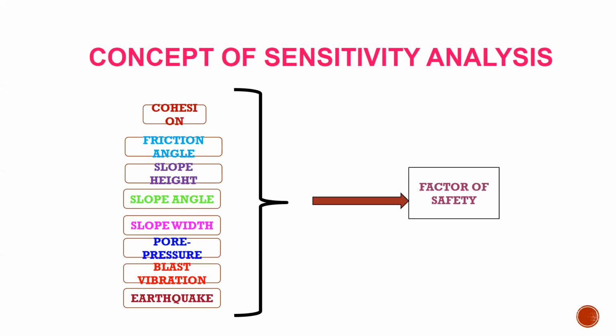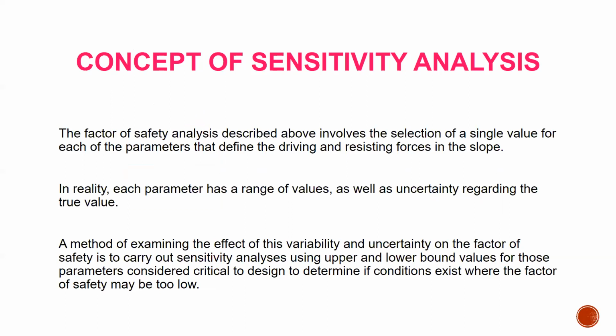Similarly, for the friction, for the slope height, and which parameter is most likely influencing the factor of safety, that we can determine from the sensitivity analysis. So this concept of sensitivity analysis is basically that we can examine the sensitivity of an individual parameter, and then taking into cognizance all the parameters, that will give us a total picture about the sensitivity of individual parameters on the overall factor of safety as well as the stability.